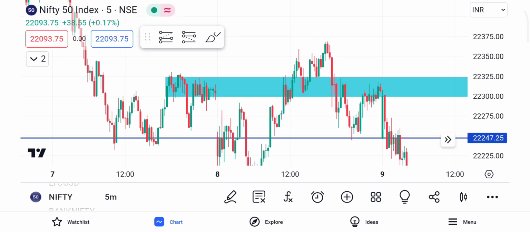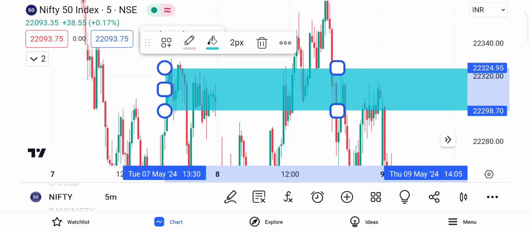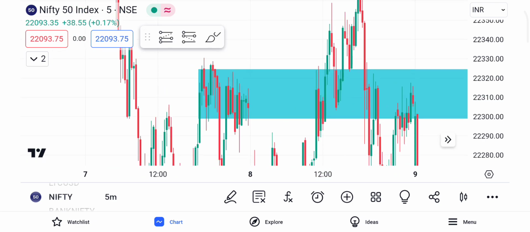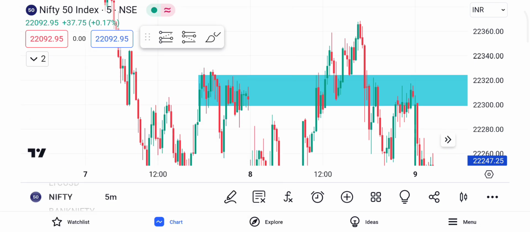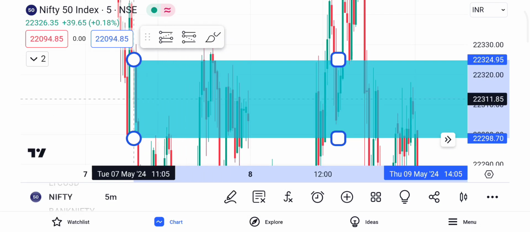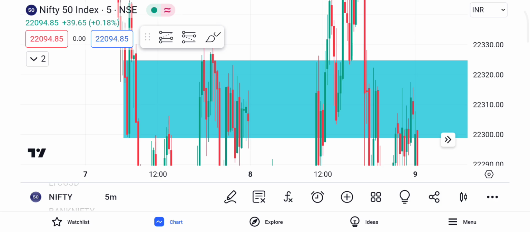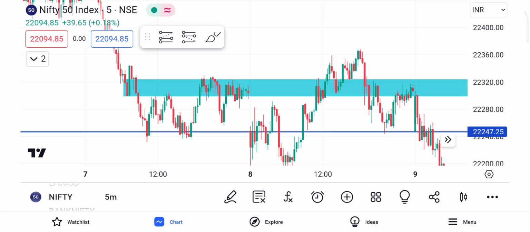And then here if you see, I do not remember exactly when I did this, but if you observe this closely, this is basically the level where the market is not moving much, kind of stagnant.